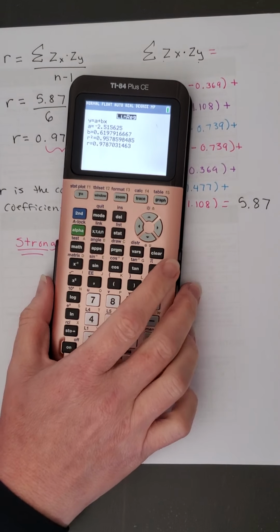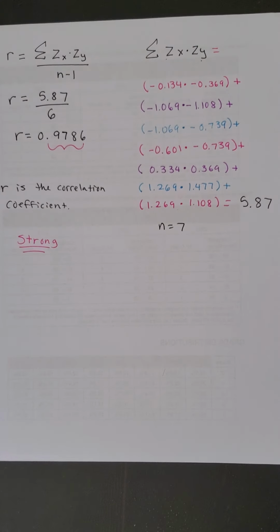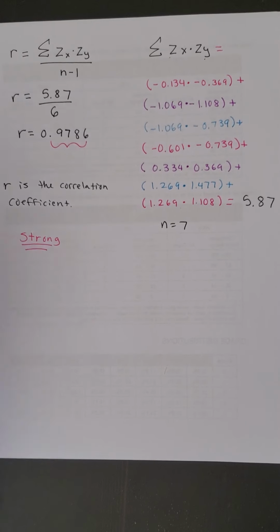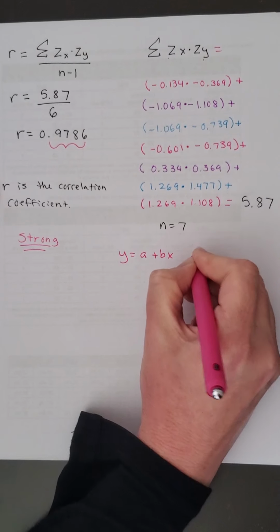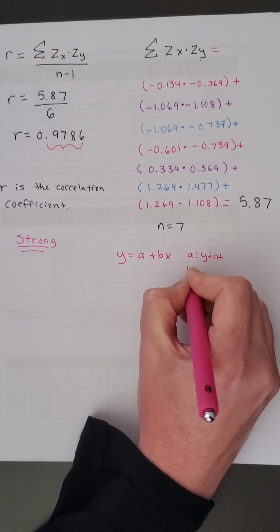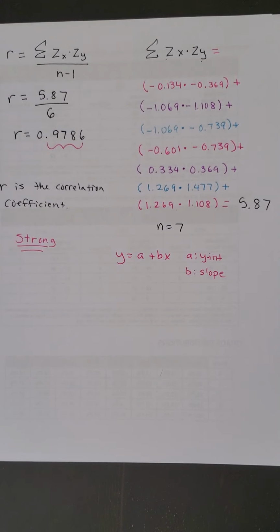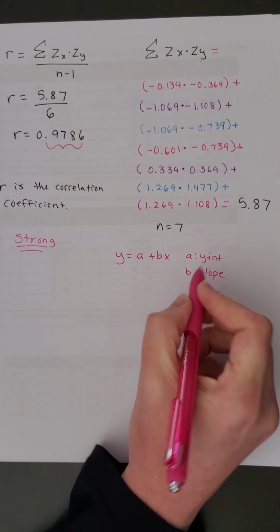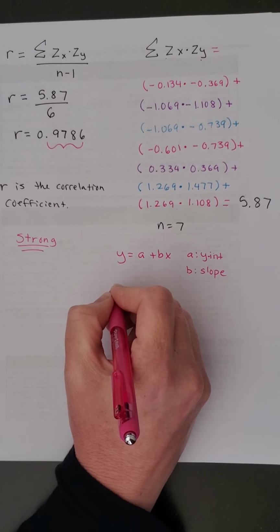Okay, so what else does this tell us? Well, we also are given the line of best fit. The line of best fit, they always write it as Y equals A plus BX, and A is your y-intercept, and B is the slope of the line. The cool thing here is that our slope and our y-intercept are given to us, so we don't actually have to calculate either of those things.